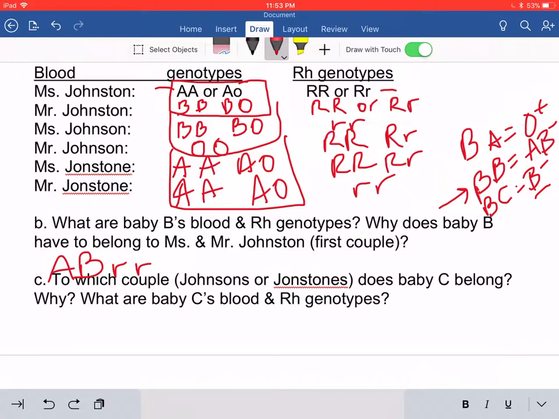That is, it must be the Johnsons, okay? They're the only other ones who have B alleles that could have created this B combination. And because Mr. Johnson is blood type O, genotype OO, we know that baby C has to be BO, okay? And baby C is negative for the Rh, so we have little r, little r, okay?